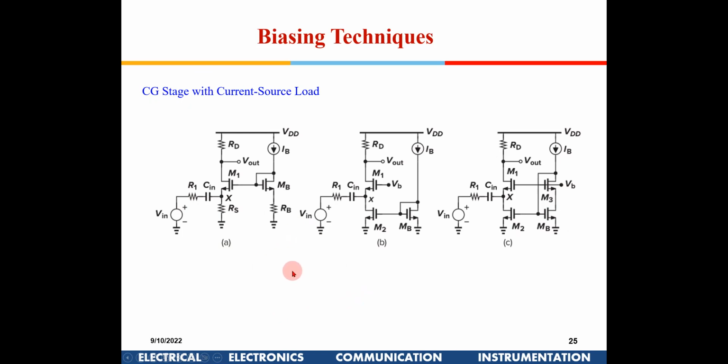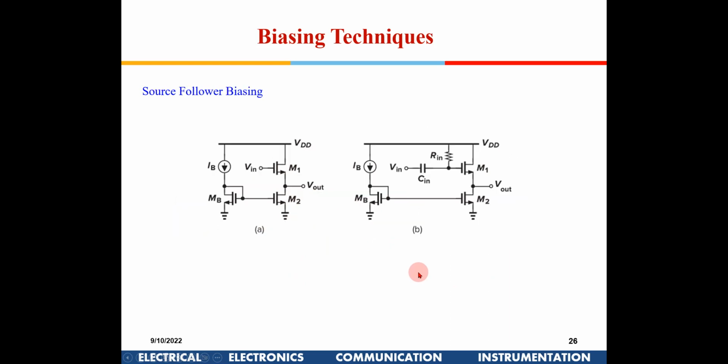So we learnt about CG. This is how the biasing is done, and this is for the source follower. Source follower is nothing but the CD amplifier, where you give Vin and take the Vout. So I have to bias this. I can give a constant current source here so that it gets biased.